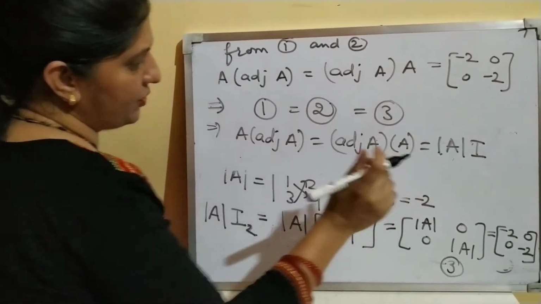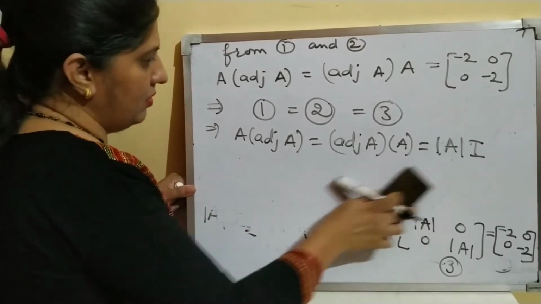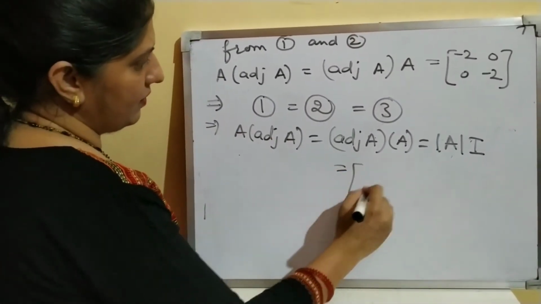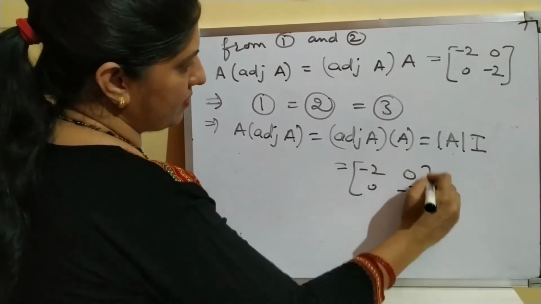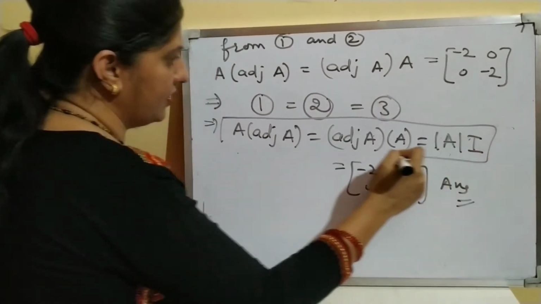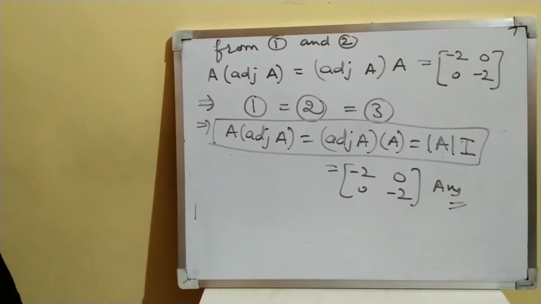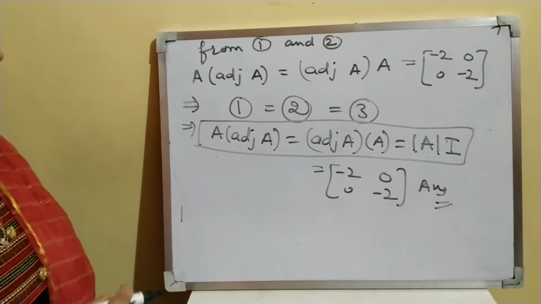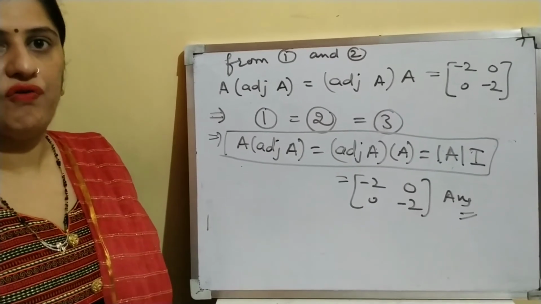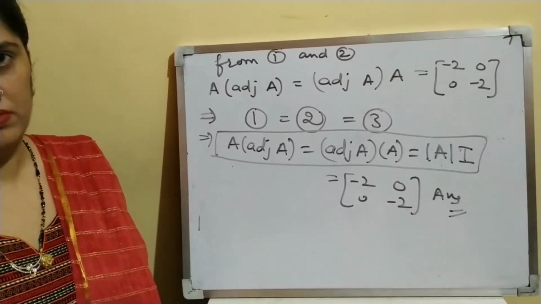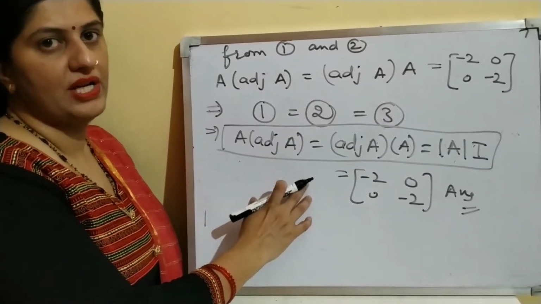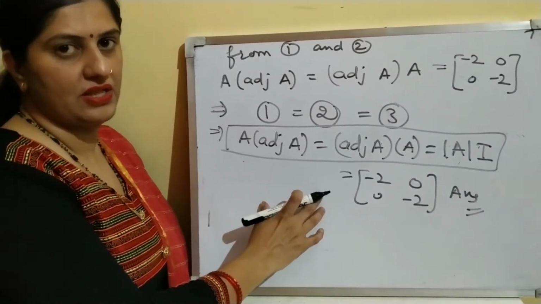And all these are equal to, putting in the values, [-2, 0; 0, -2]. In this way, we verify the first result related to the adjoint of a matrix. Now you can verify the same result by taking any matrix of order 3 by 3 also. This is valid for all square matrices of order 2 by 2, of order 3 by 3 respectively.